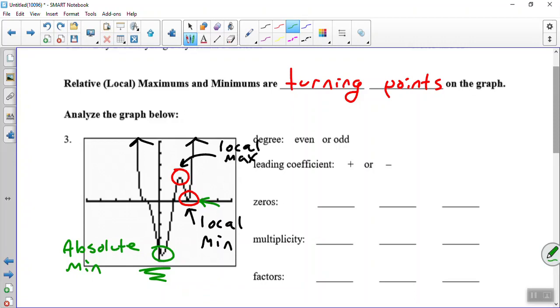Okay, so let's just look at it and kind of combine what we did last class. So look at the degree of the function. Is it even or odd? Well, remember, if they're both going in the same direction at the end, that means it's an even function. If they were going different directions at the end, that would be odd. All right? The whole graph is opening up.